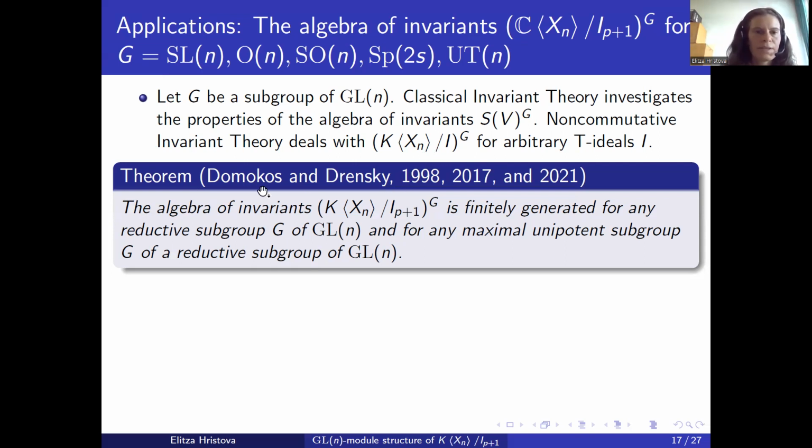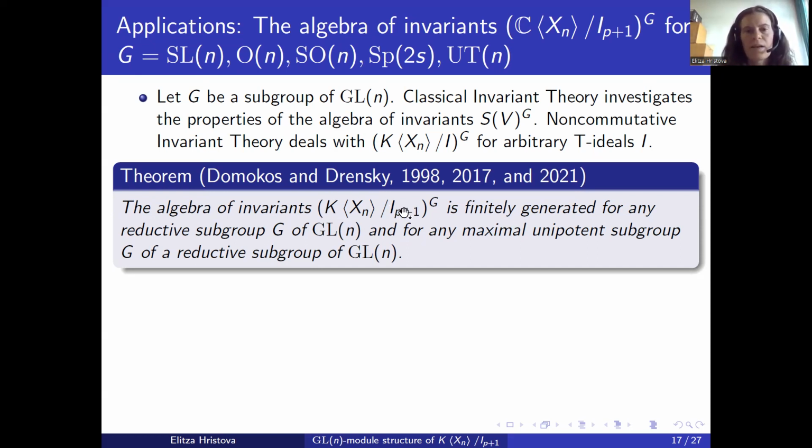And in a series of papers, Domokos and Drensky have shown that if we take K of xn mod the ideal generated by long commutators, then the algebra of G-invariants is finitely generated for any reductive subgroup G of GLN and for any maximal unipotent subgroup G of a reductive subgroup of GLN. So in this situation, the classical results transfer also to the non-commutative case.